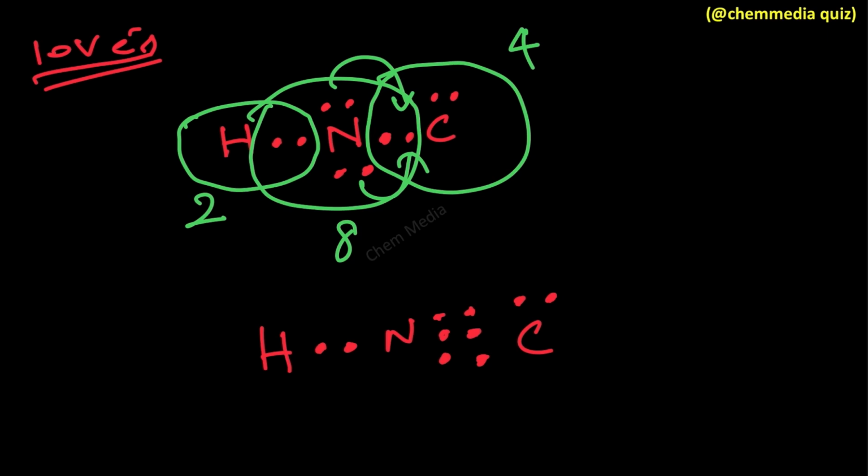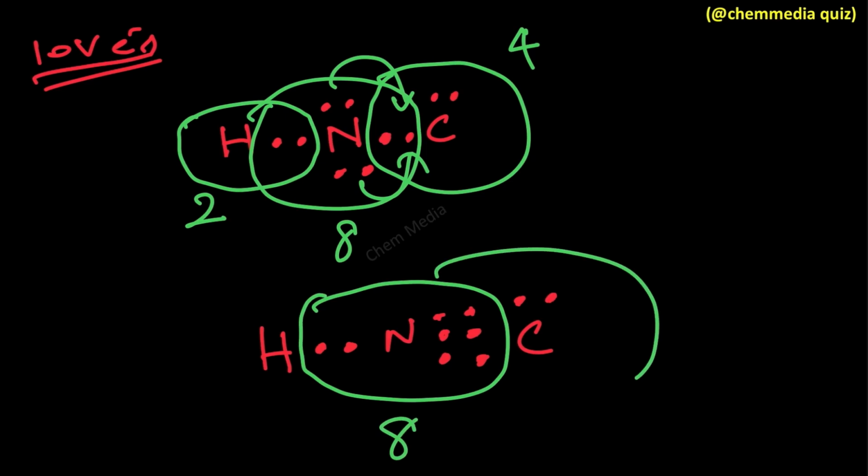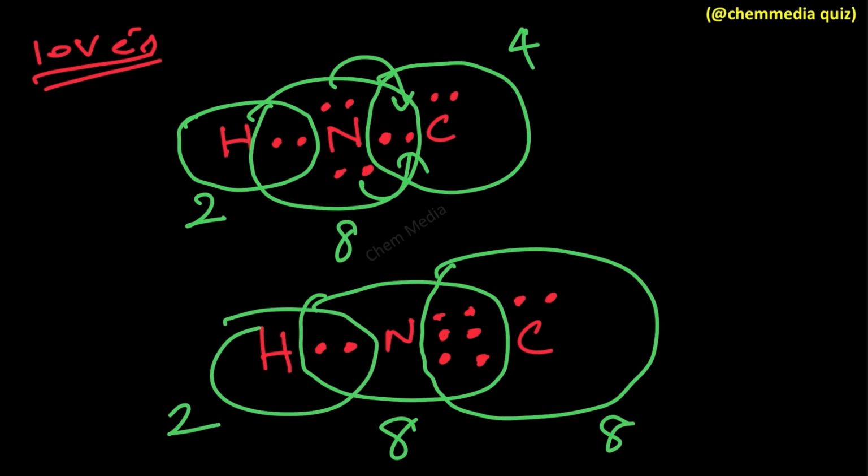Now both the period 2 atoms satisfy the octet configuration, isn't it? We have 8 electrons around nitrogen, 8 electrons around carbon, 2 electrons around hydrogen, because hydrogen can only have a maximum of 2 electrons. So therefore this is the best Lewis structure. So in the best Lewis structure, we have 2 non-bonded electrons, isn't it? So therefore 2 is our correct answer.